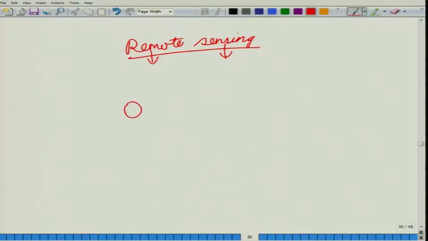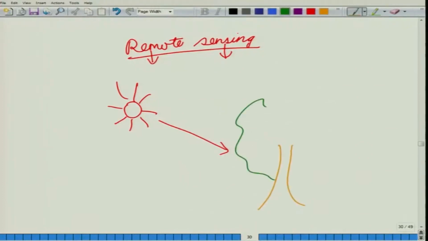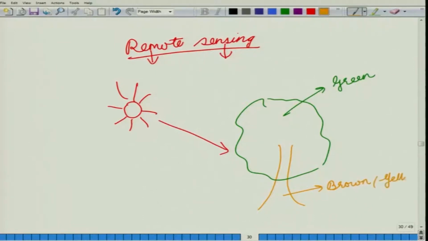For instance, if we have the sun giving out rays of light, and a tree here, the canopy of the tree is going to interact with the sunlight and reflect green color, whereas the stems are going to interact with that light and give out a brown or yellow-brown color.